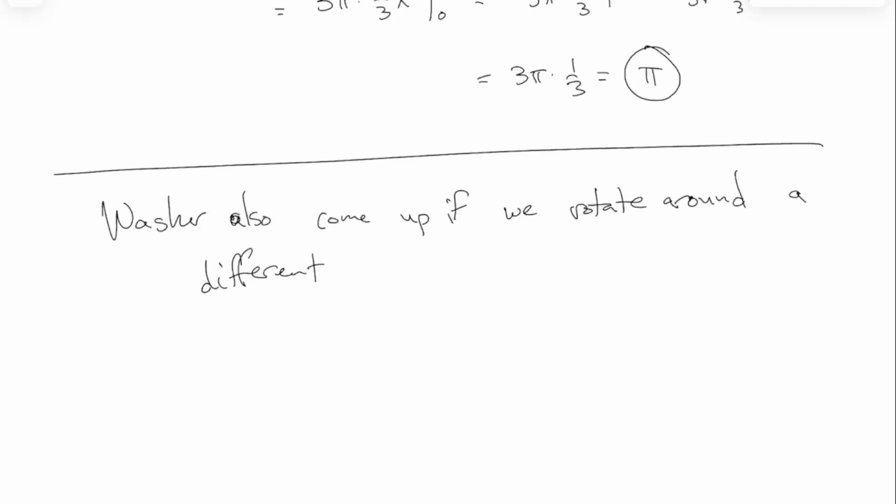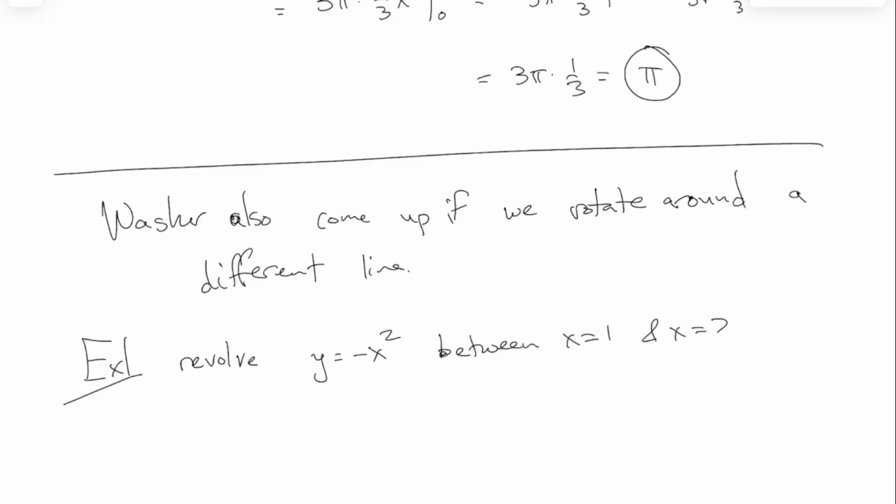How about around a different line? Here's what I mean. Let's use an example. Revolve y equals minus x squared between x equals 1 and x equals 2, revolved around the line y equals 1. All right? So that's what I mean by rotate around a different line.